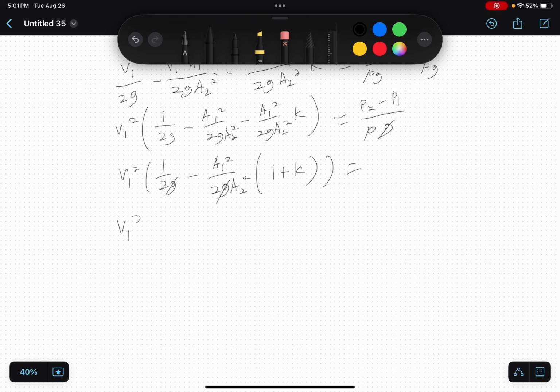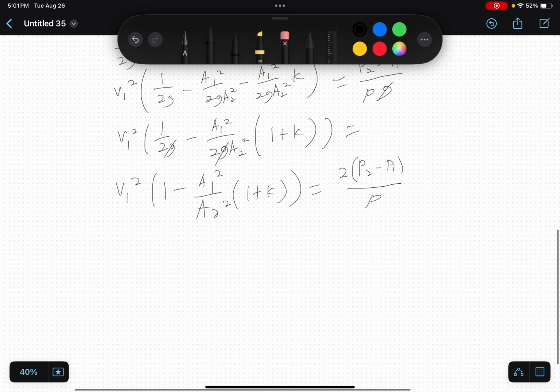So we get V1 squared times (1 minus A1 squared over A2 squared, plus K). Yep.